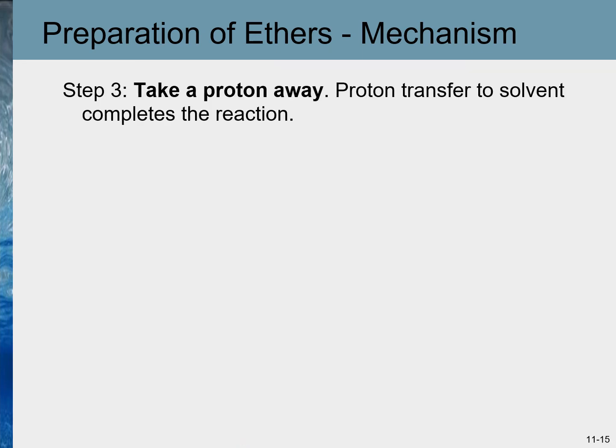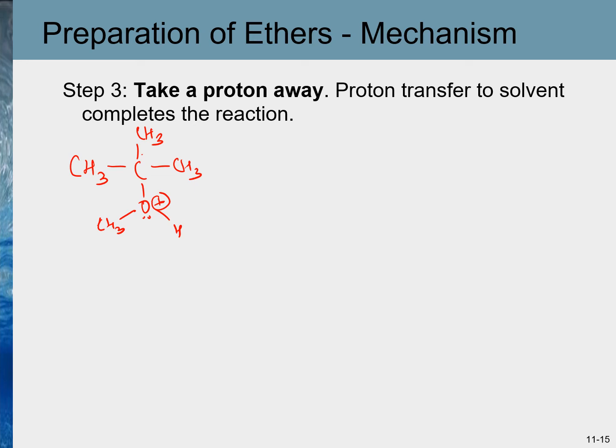In the final step, a proton is transferred from the newly formed oxonium ion to solvent, which is methanol in our case, and it will result in formation of an ether. So this was the oxonium ion which was formed in previous step.